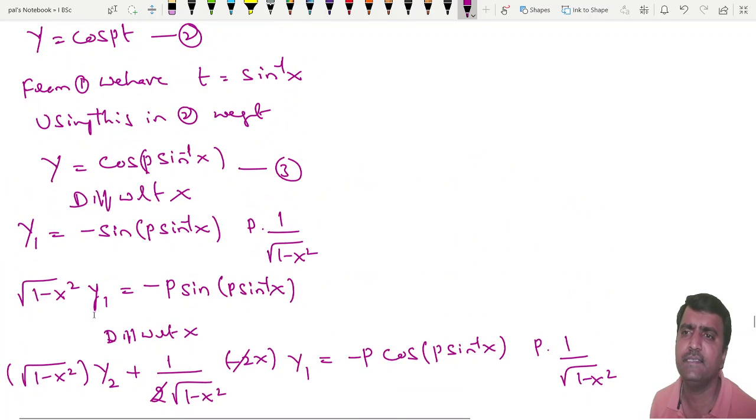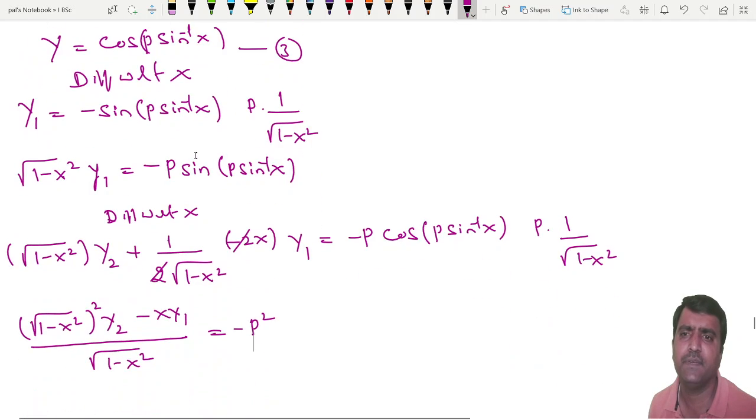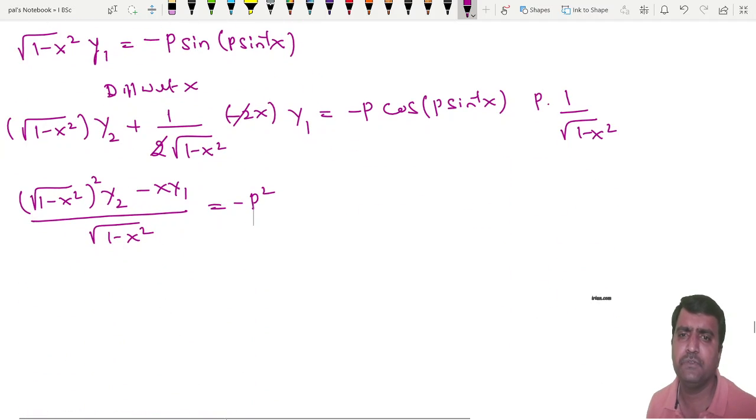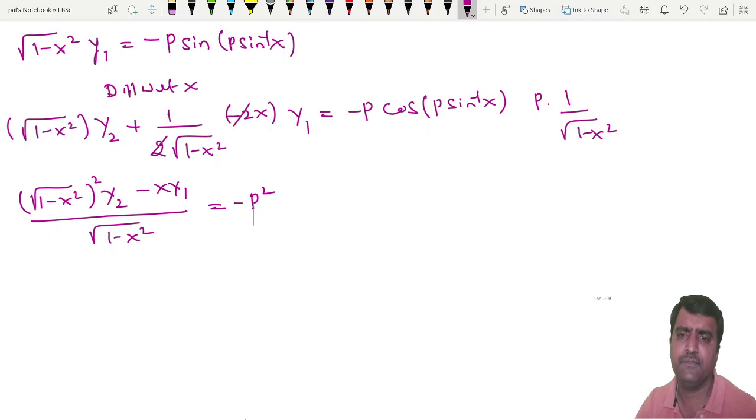Cos of p sine inverse of x is y from equation 3. So use that y value here, divided by root of 1 minus x square.